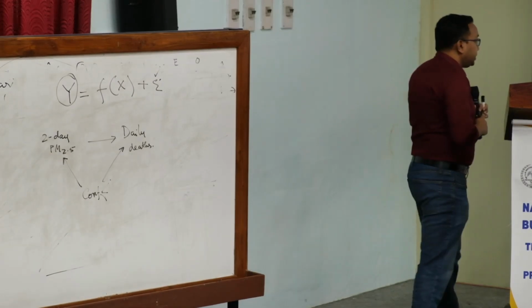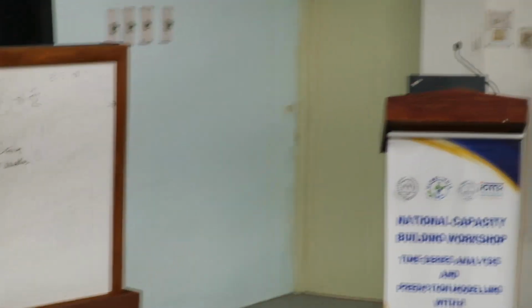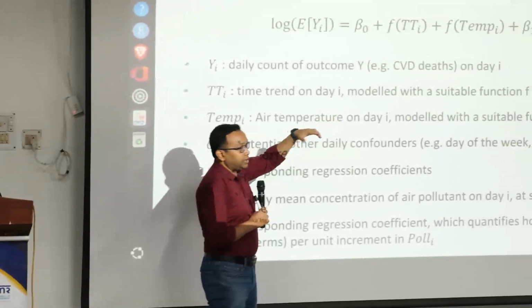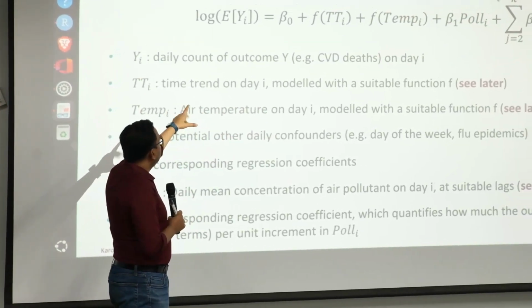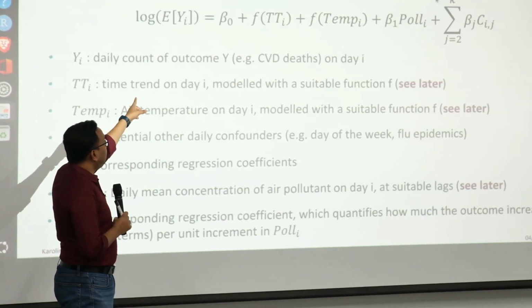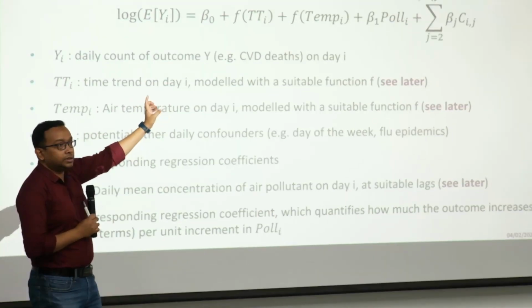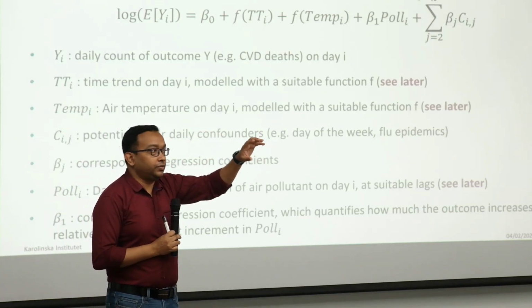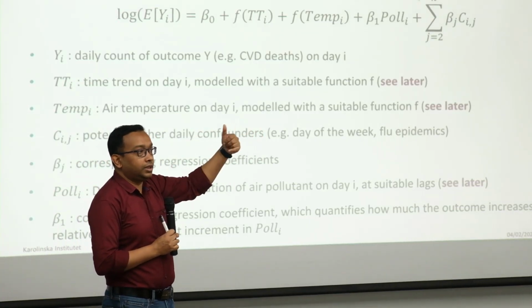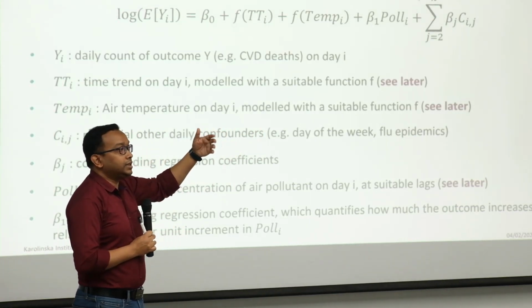So what they are doing here is, let's say Y is the number of deaths due to CVDs. Why are we using the log of the expectation of Y? This is because Y is the number of deaths due to CVD on a particular day, so that is a count.